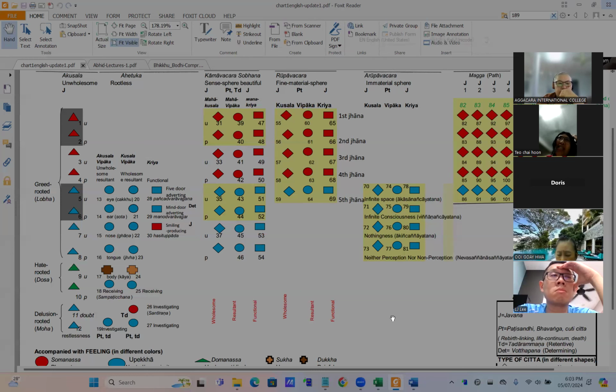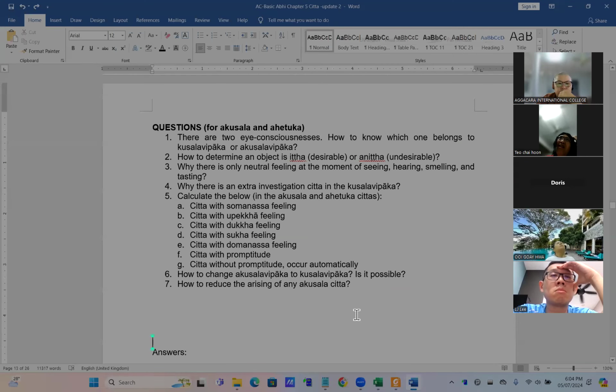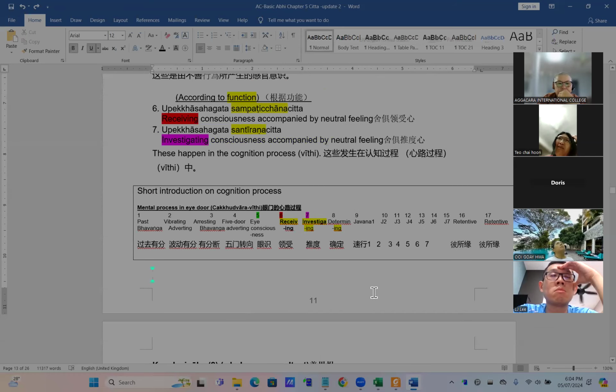If in the past, when the person saw the item, a kusala consciousness arose, then the one brought forward is the kusala vipaka. But the past consciousness, now you can see here, is the five-door adverting, which is a kriya, functional.